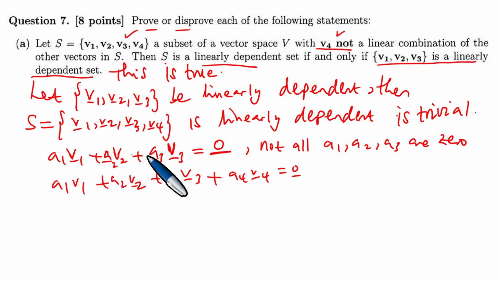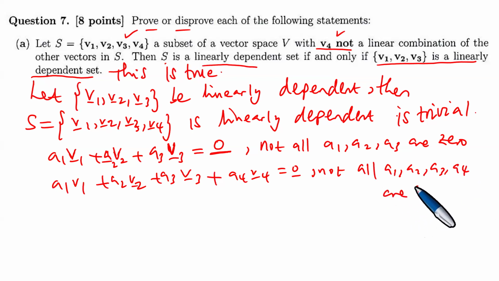But since these ones are not all 0, even if you choose A4 to be 0, not all these scalars would be 0. So, not all of A1, A2, A3, A4 are 0.